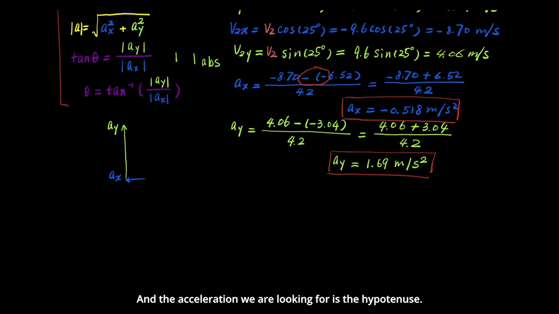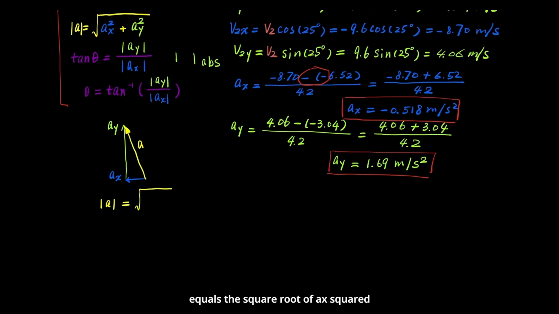And the acceleration we are looking for is the hypotenuse. The hypotenuse is just the square root of the 2 legs squared and added. Good old Pythagorean theorem, right? So we have the magnitude of A equals the square root of AX squared, which is negative 0.518 squared, plus AY, which is 1.69, squared.